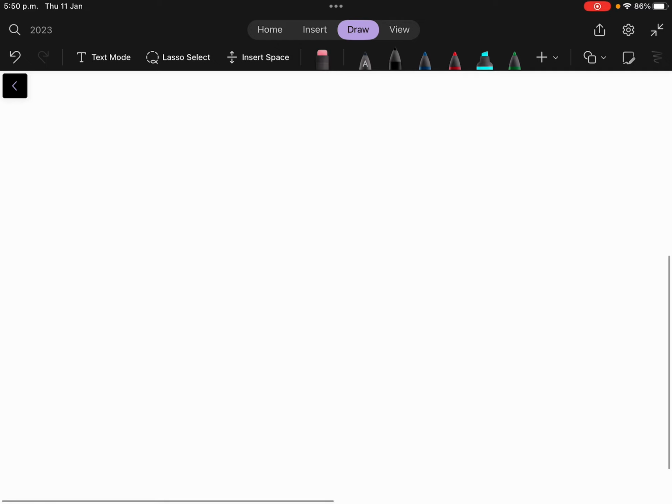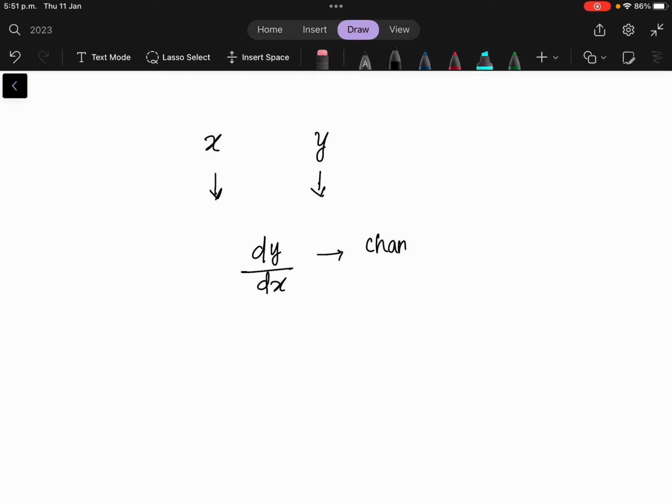For example, if you have a variable x and another variable y, and if x is changing, y will also change. So in this case you can say that y is dependent on x. With respect to differentiation, it is dy over dx, which means change of y with respect to change of x.